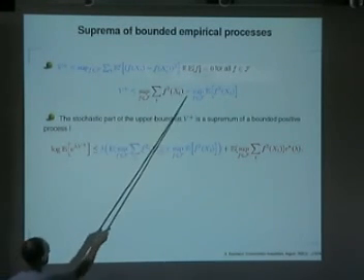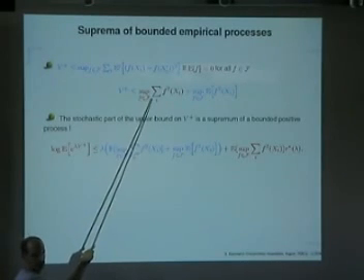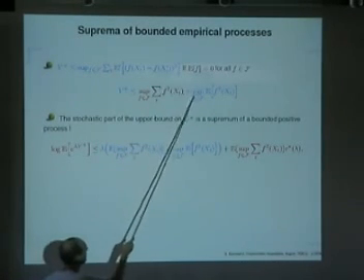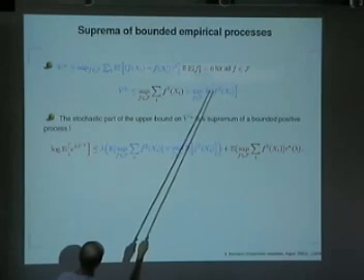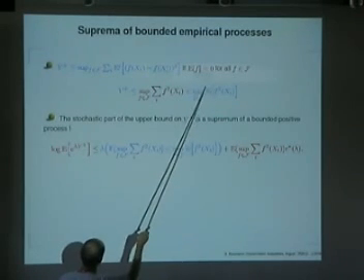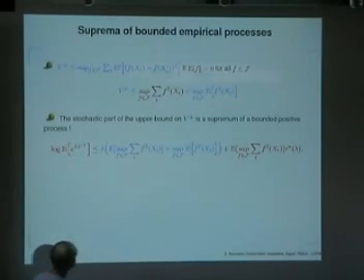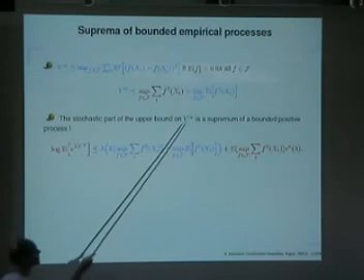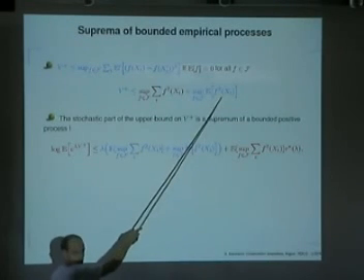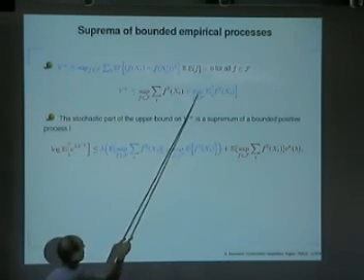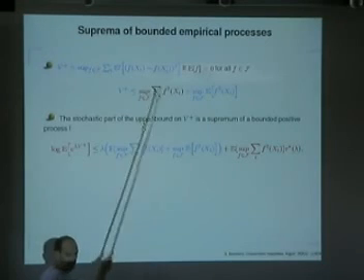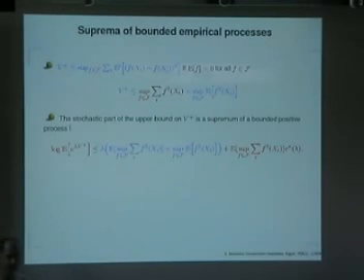Here there's a part that depends exclusively on the sample. And here is a part, well actually I should put the sum here again, which is something deterministic. That's the nice part, that's the ugly part. But the ugly part is not that ugly. It's actually the thing we have dealt with in the slide before. It's a supremum of a positive bounded empirical process.